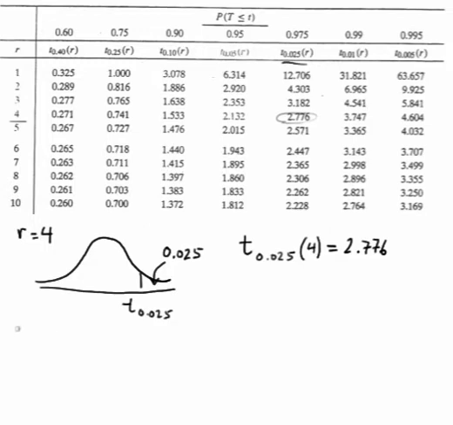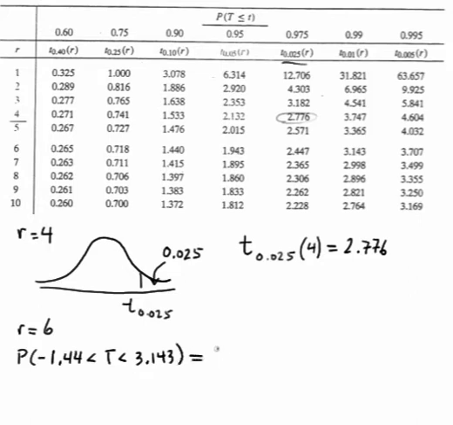Now let's take a case, let's say, where we have a t-distribution with 6 degrees of freedom, and suppose we're interested in finding the probability that t is between negative 1.44 and positive 3.143.